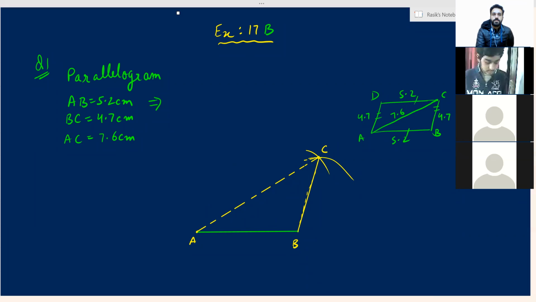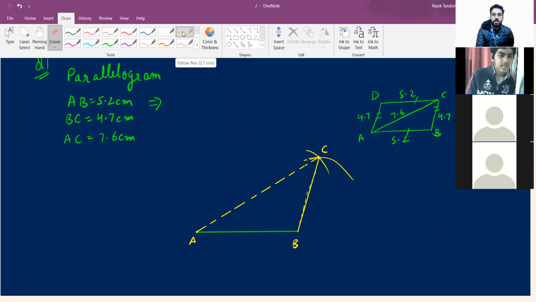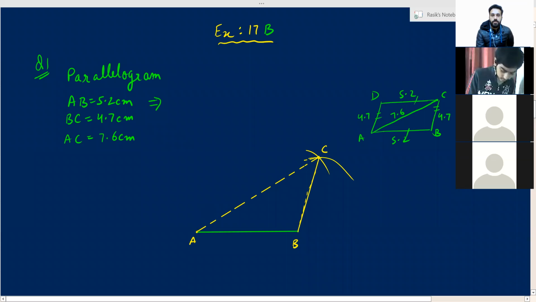Okay, now we will cut an arc from A at a distance of 4.7 centimeters from vertex A.